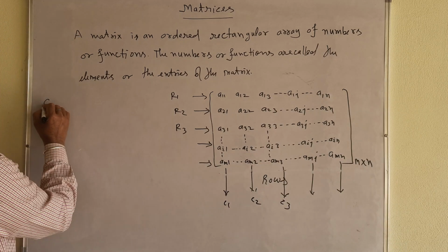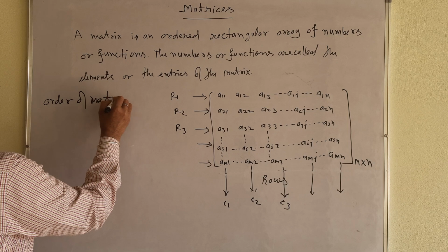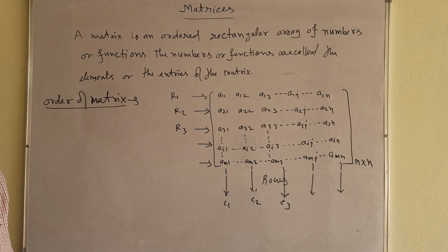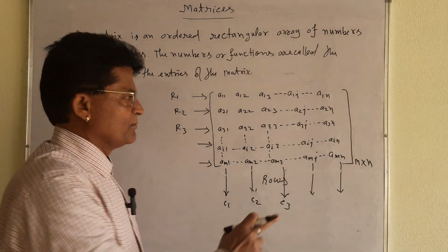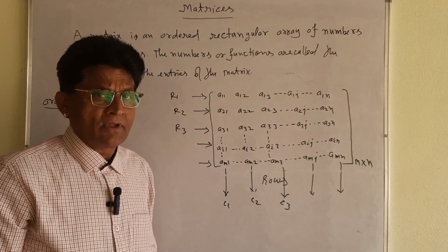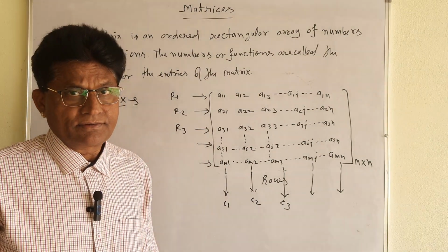And how will you write the order of the matrix? Let me write the order of the matrix. If the matrix is given in the form of M rows and N columns, then M by N, M cross N, is the order of the matrix.